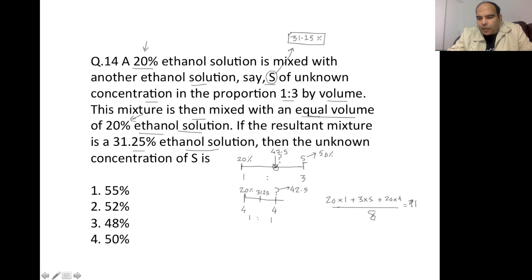This would be obviously an easier solution to this. So if you solve this equation, there's only one unknown here, which is the S. So you'll be able to get S as 50 for this. And that's the alternate solution for this question.